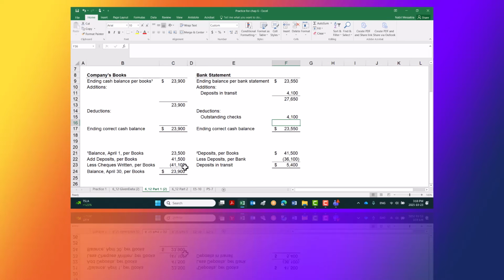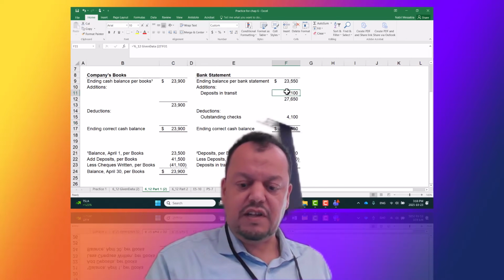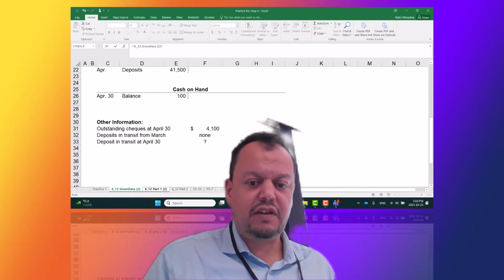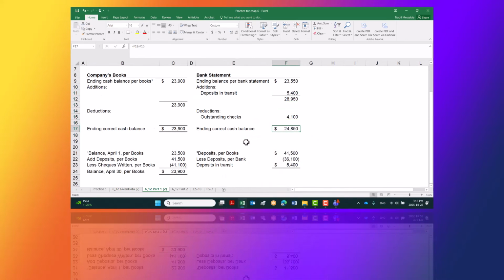Did I take the right number? The deposit is not the right number, right? Deposit 5,400. You see? Then the corrected balance is 24,000, but here 23,000. So we still have a discrepancy.